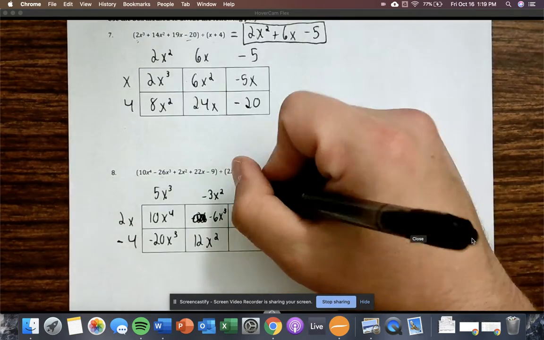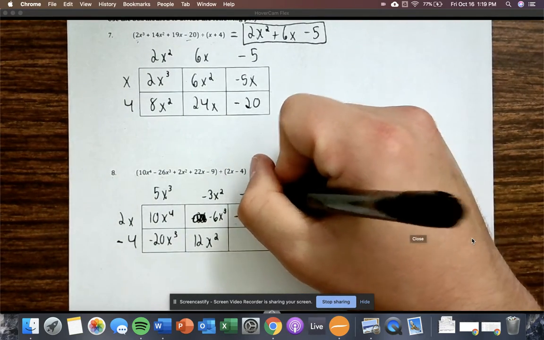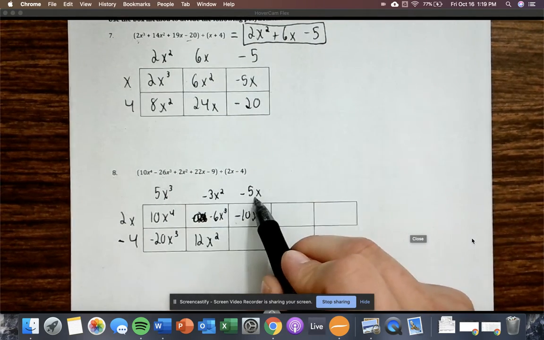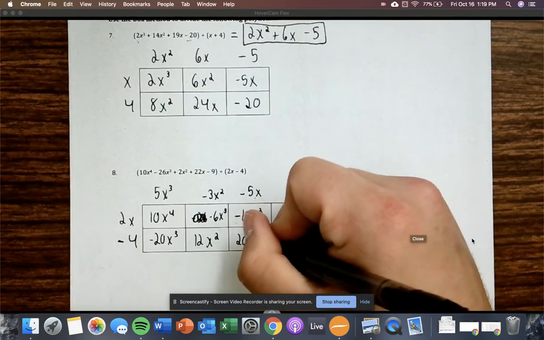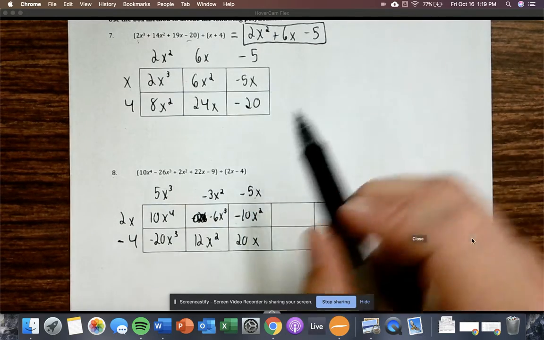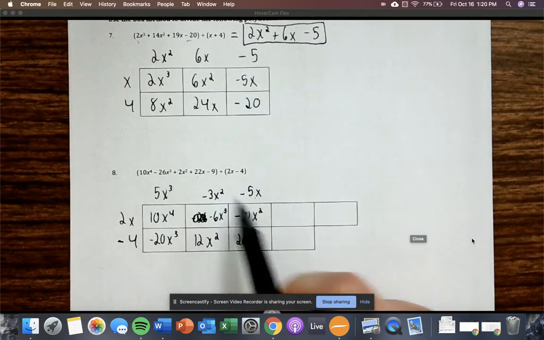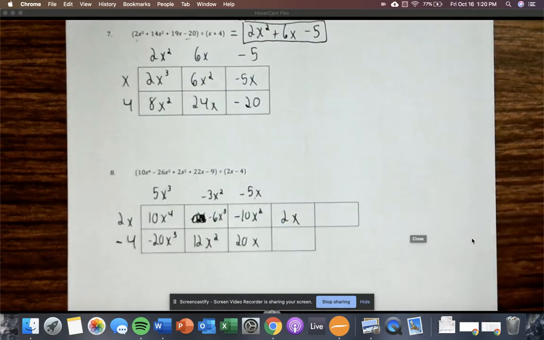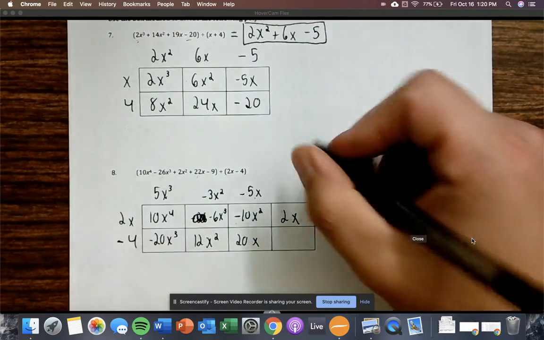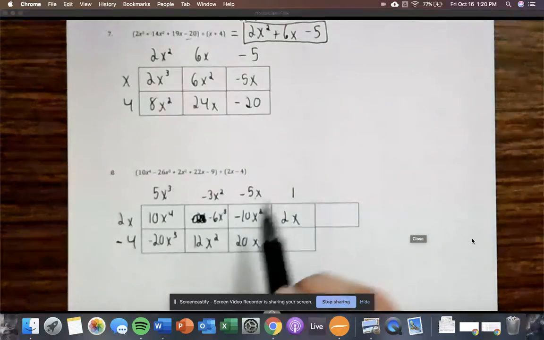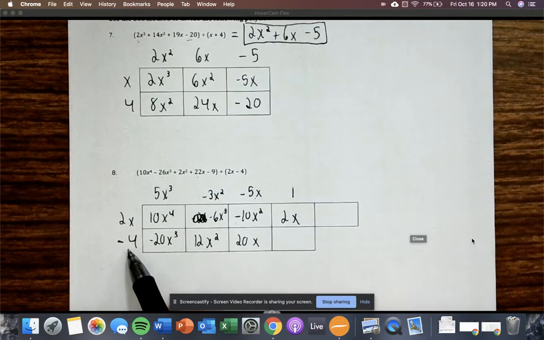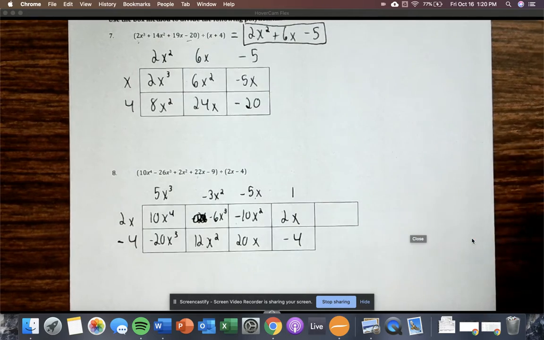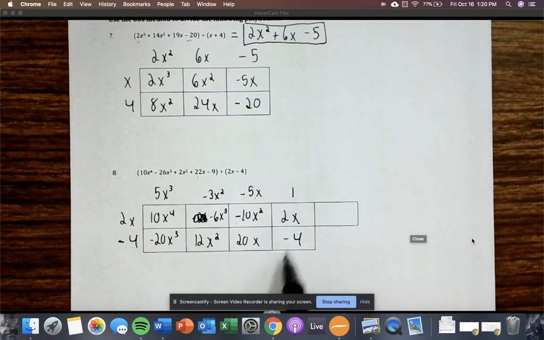So 2x times negative 5x will give me negative 10x squared. And negative 4 times negative 5x is 20x. Well, 20x plus 2x will give me 22x. Right? And then 2x times 1 is 2x. Then I have this negative 4 times 1 is negative 4.